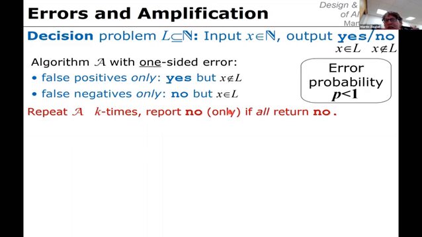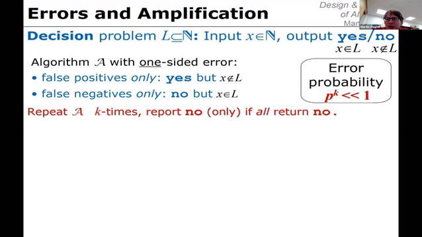But one execution gives the wrong answer with probability p, according to our hypothesis. So for all k of them to give the wrong answer, since they are independent, recall, that occurs with probability p to the k. That's basic probability theory.